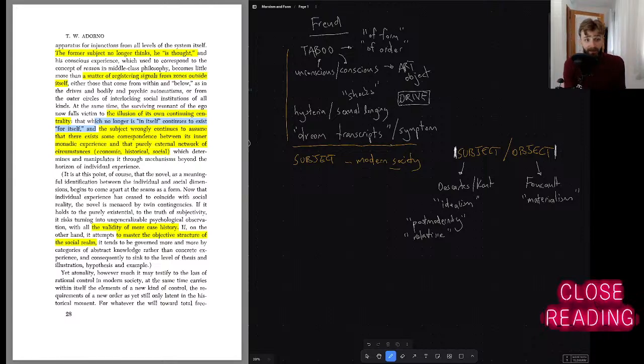He says, the surviving remnant of the ego now falls victim to the illusion of its own continuing centrality. That which no longer is in itself continues to exist for itself, and the subject wrongly continues to assume that there exists some correspondence between its inner monadic experience and that purely external network of circumstances which determines and manipulates it through mechanisms beyond the horizon of individual experience, right?